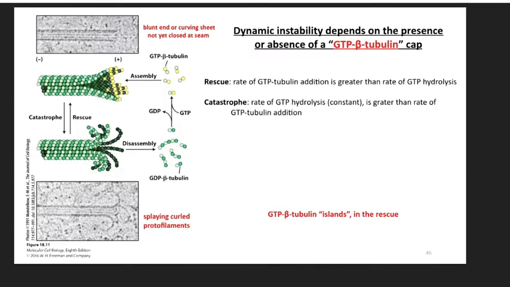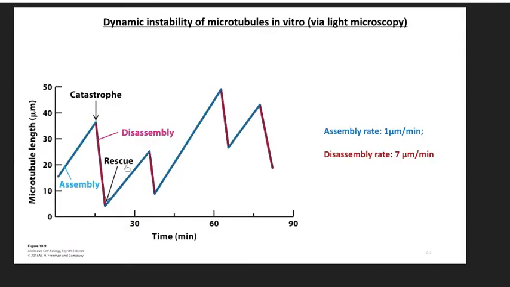Here we discussed the GTP version of beta tubulin assembly and disassembly. When it starts assembling, this process is called rescue. When it starts disassembly, this process is called catastrophe. This is important because of the rates.